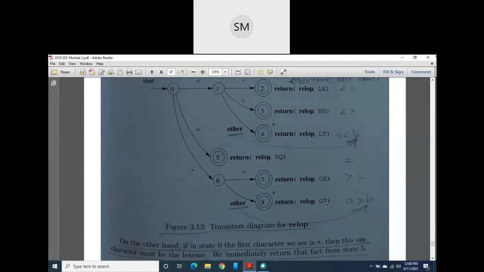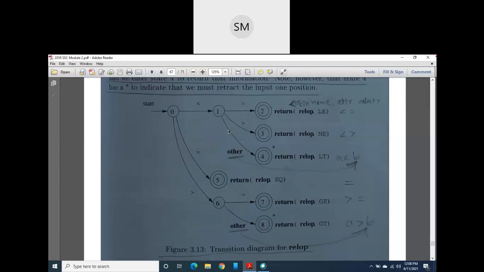This is the transition diagram for relational operator, and the last state is the eighth state. We will keep extending the same transition diagram in the next topics also, so just remember that here I ended with the eighth state.